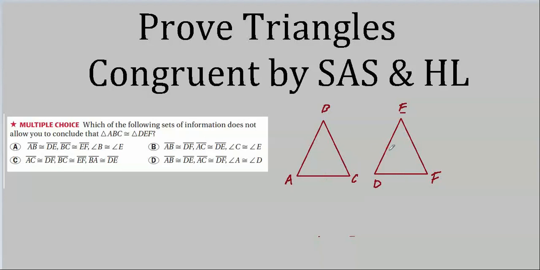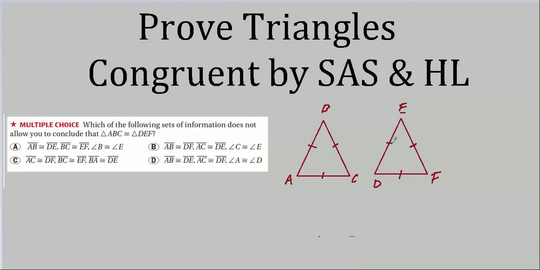Now I removed the marks that showed congruence, because we're going to work with a whole another set of congruences here. AC is congruent to DF. Okay, there we go. BC is congruent to EF. BA is congruent to DE.